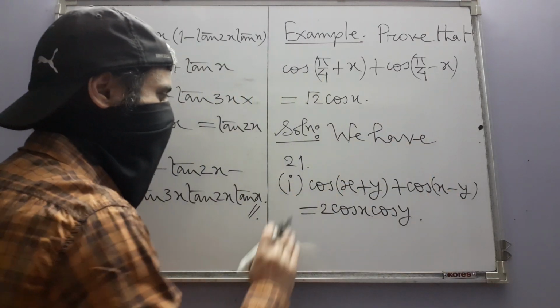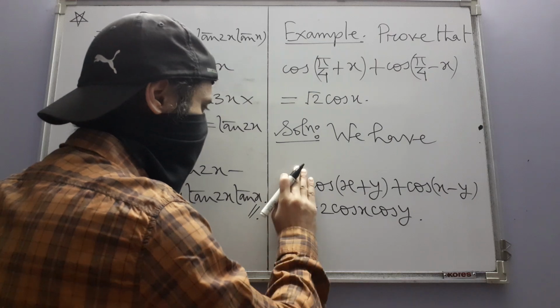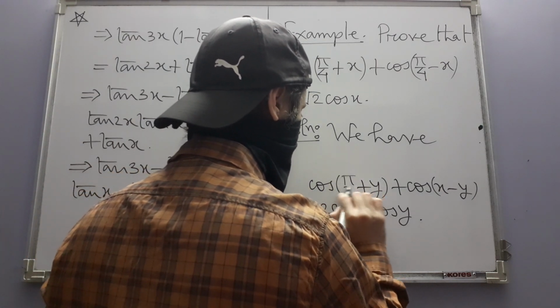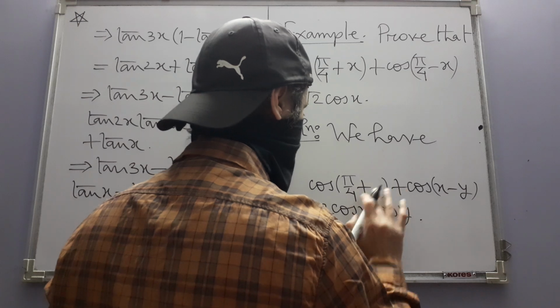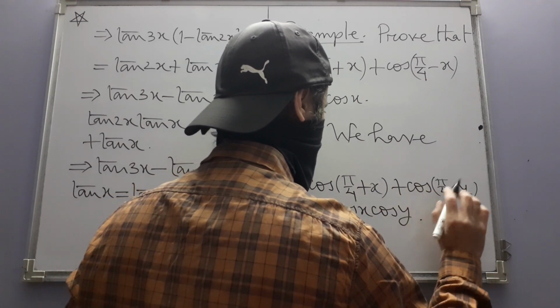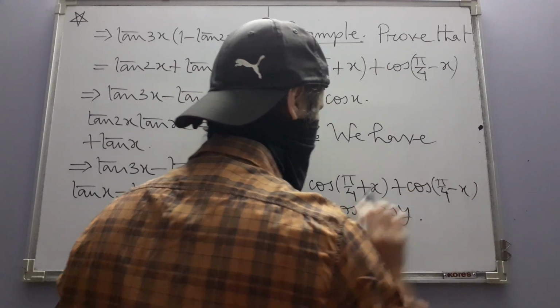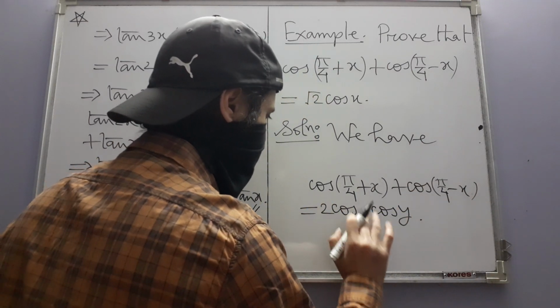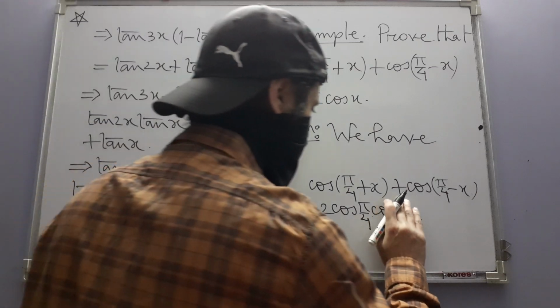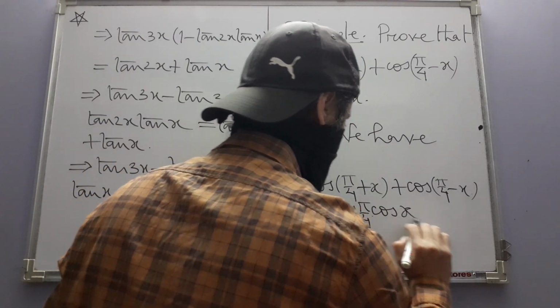We have, so let me just write here itself, cos pi over 4 plus x plus cos pi over 4 minus x is going to be equal to 2 cos pi over 4 times cos x.